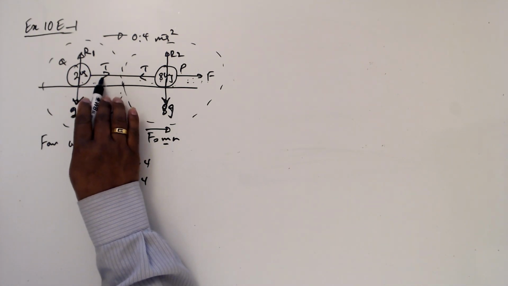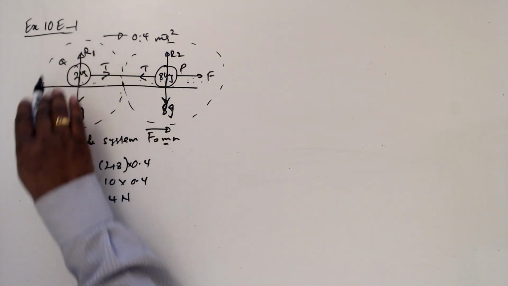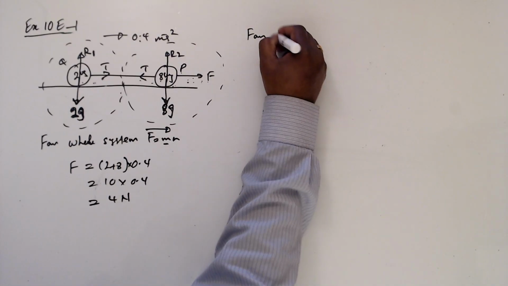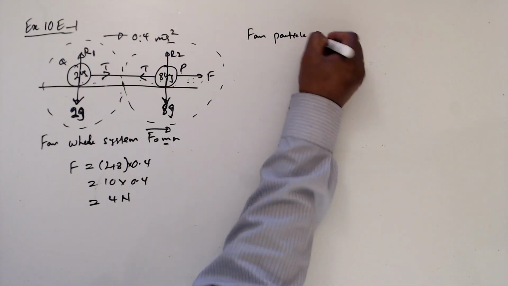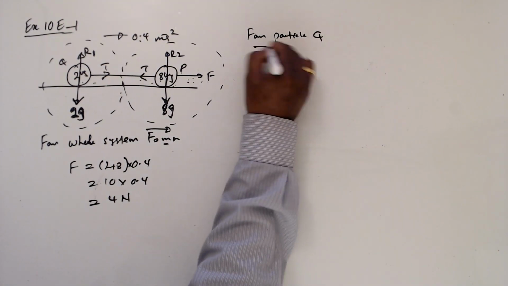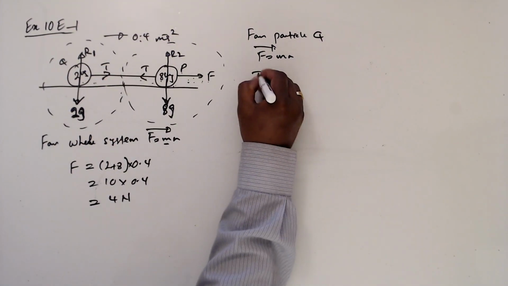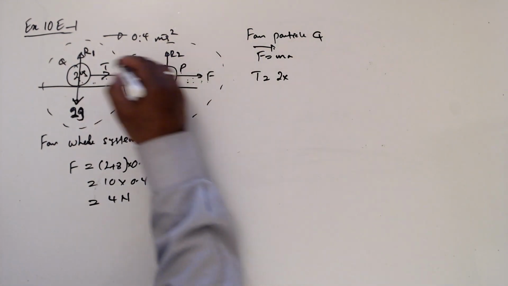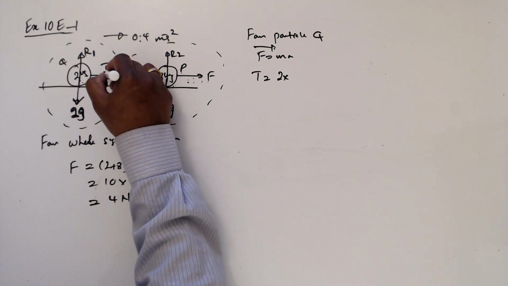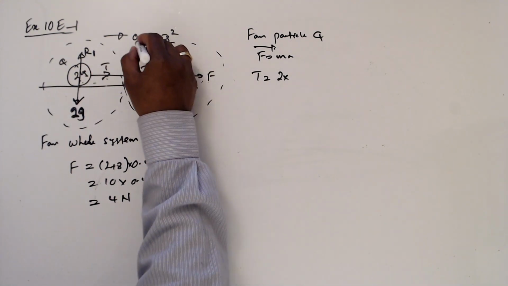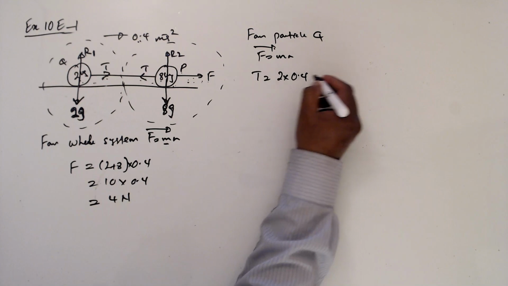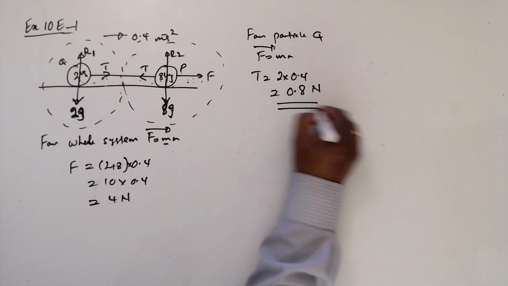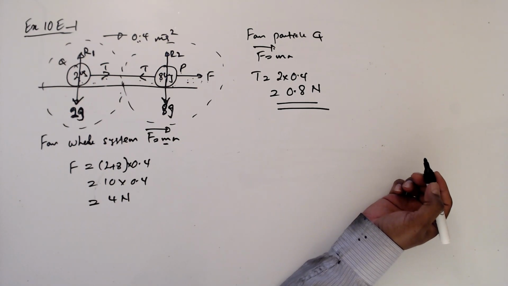So it is easy to put F equals ma for particle Q, in this direction. So T equals, this is the only force, and m is 2, and a is 0.4, then the answer is 0.8 Newton. So that is the tension.